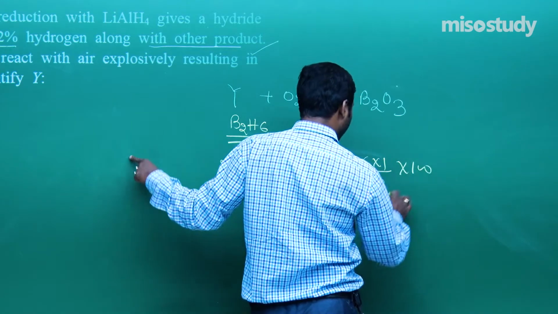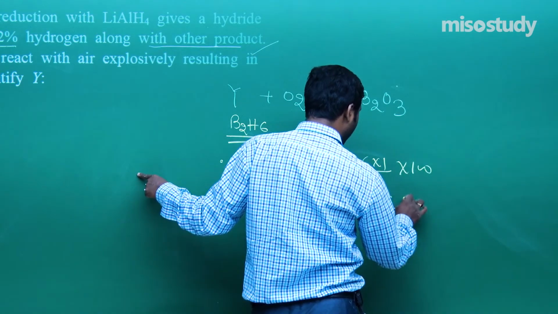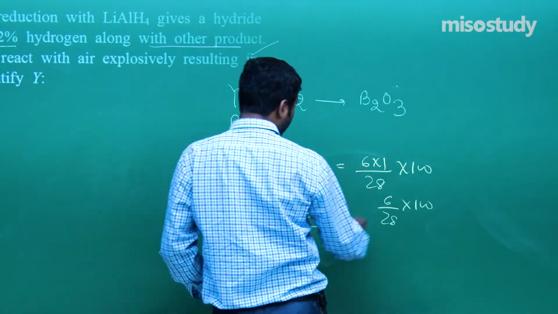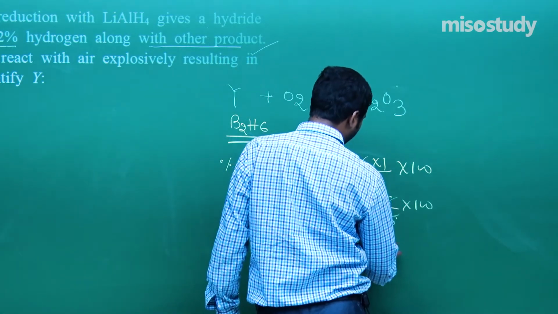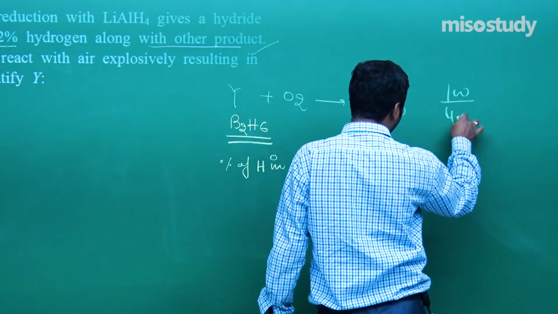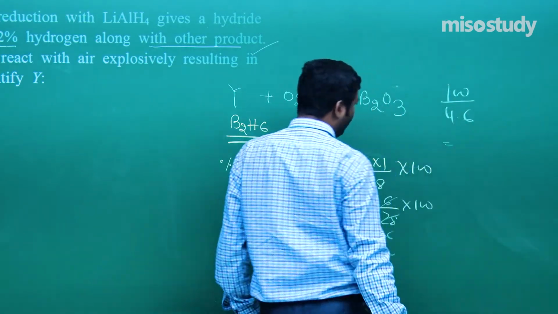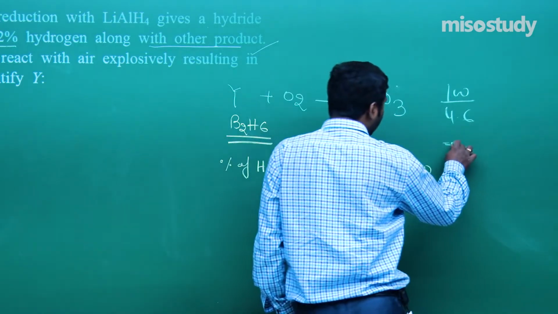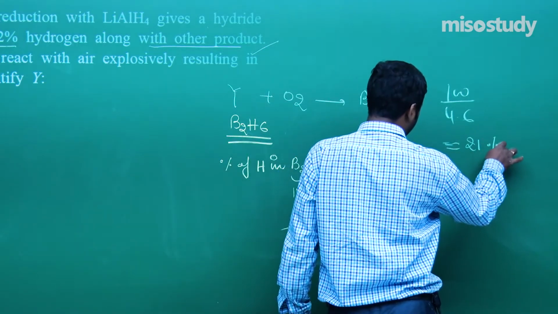Multiply by 100: 6 upon 28 into 100. Clear to you? That is 100 upon 4.6. If I assume it as 5, near about it will give you 21%.